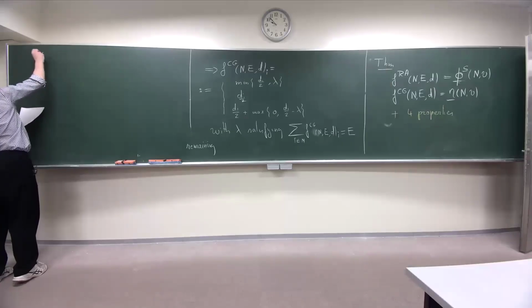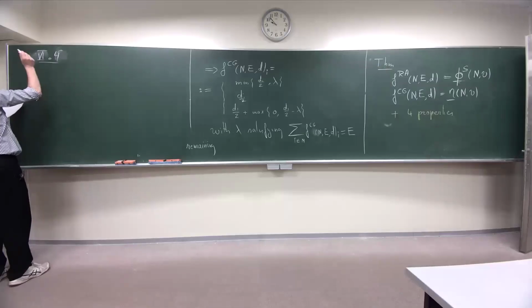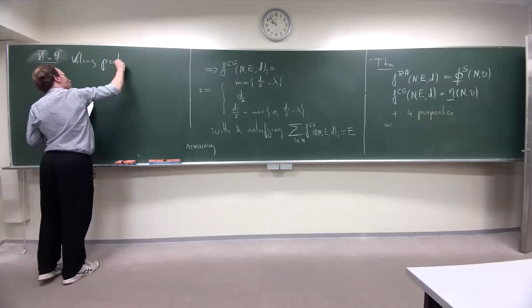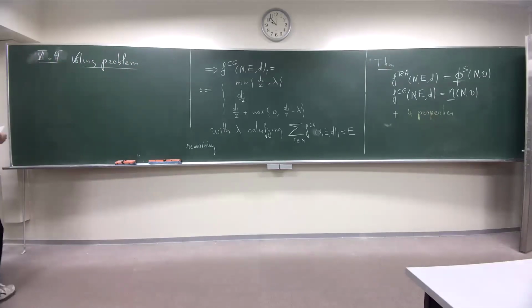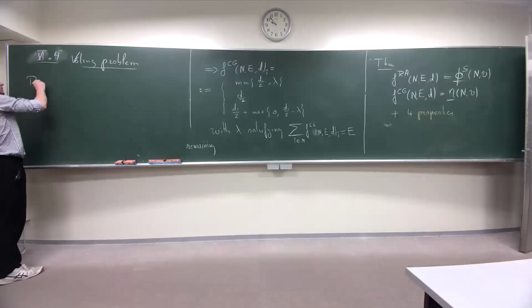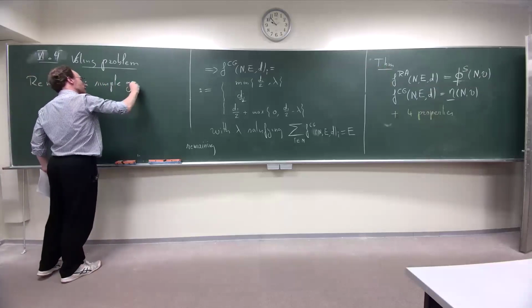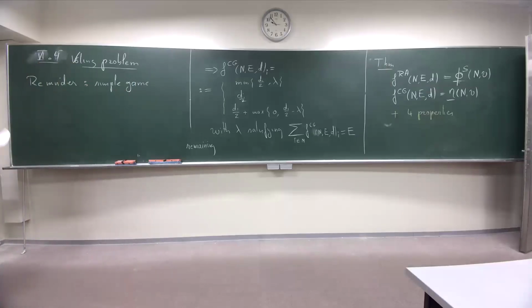Okay. Next section, I want to go quickly through this section because I want to spend more time on the next one. But still, this one is interesting, it is the voting problem. So I will be sketchy, but I wrote more in the notes. Reminder: we know what a simple game is. A simple game is a game which takes only 2 values. V takes only 2 values, 0 and 1.